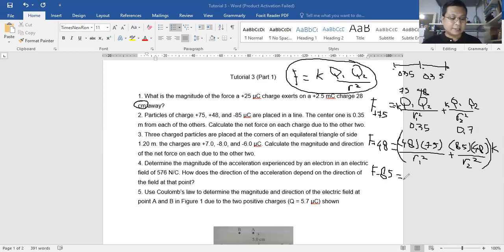Okay, just repeat. So Q1 is 85, and then the second one 75, plus 2.